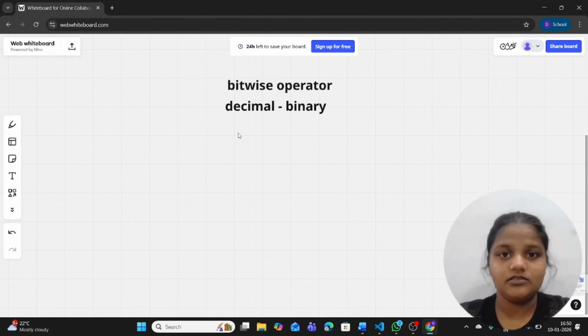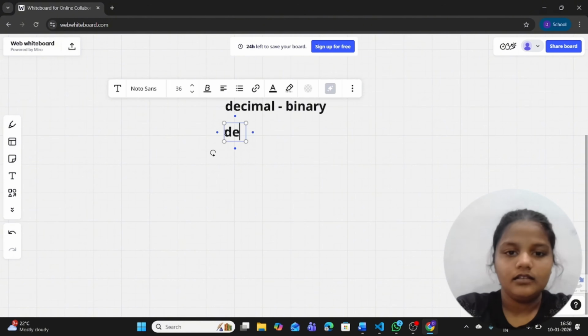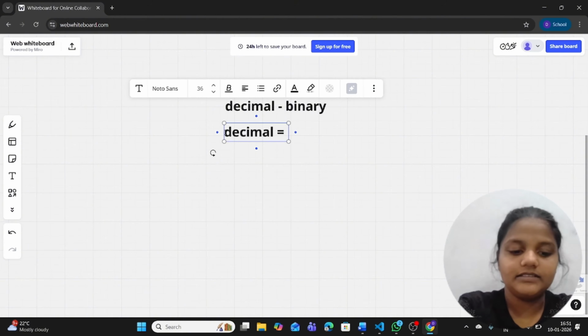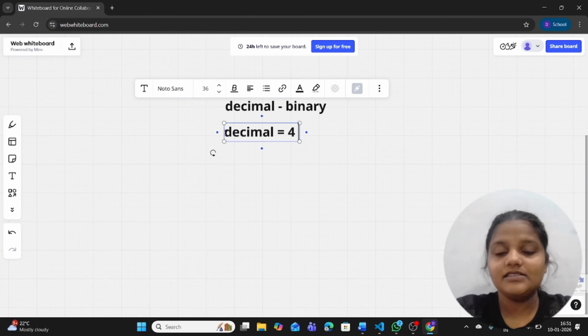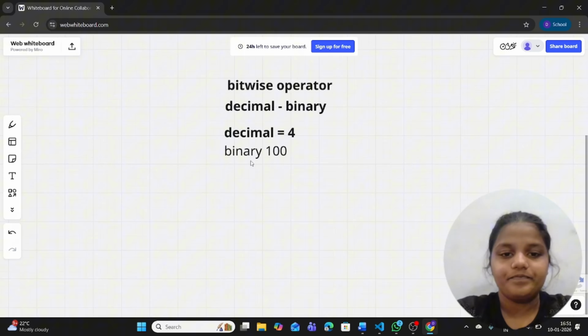Binary only consists of zeros and ones. So how are we going to convert this? See, if I give the decimal number as 4, the binary number is 100. How to calculate this?